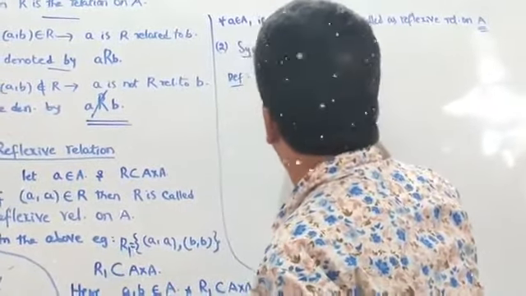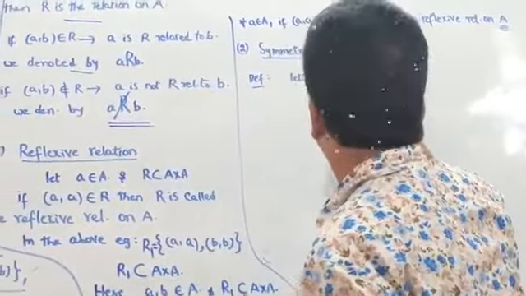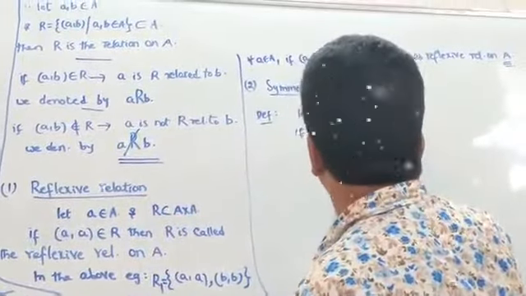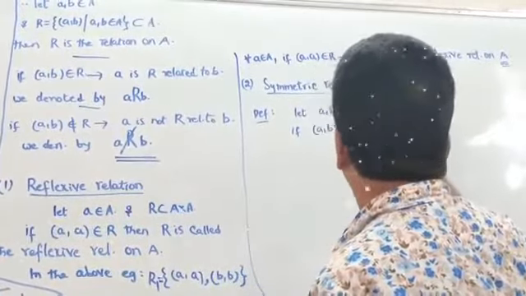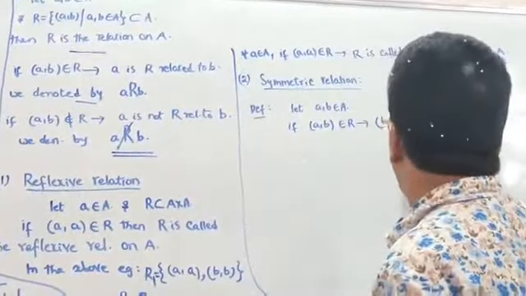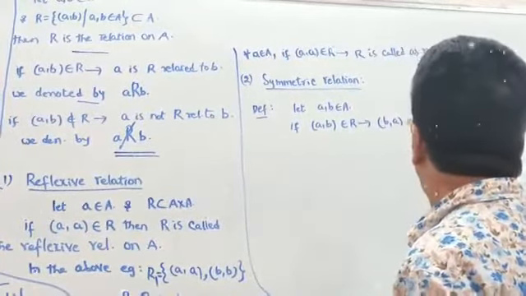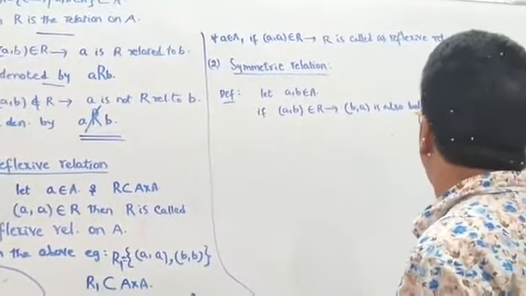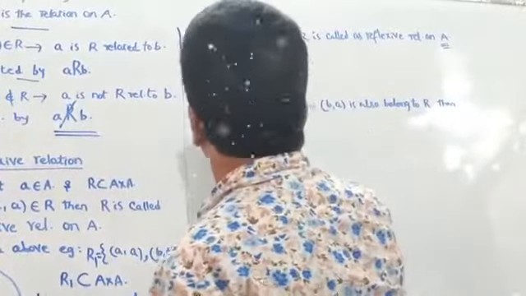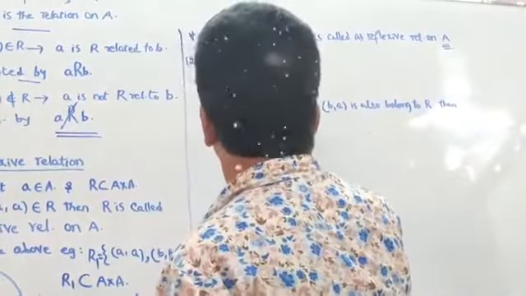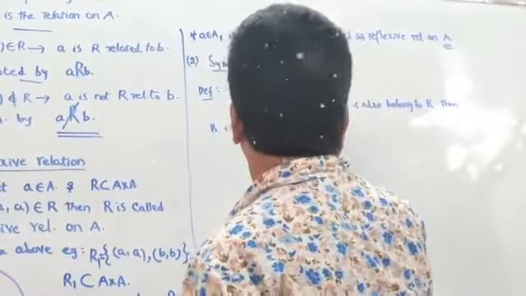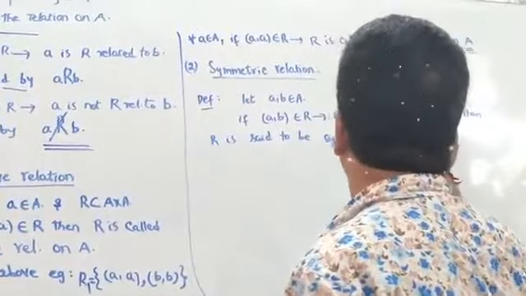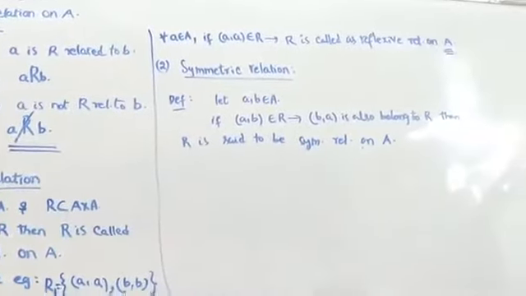Let a, b belong to capital A. If (a, b) belongs to capital R, then (b, a) also belongs to capital R, then R is said to be a symmetric relation on capital A.